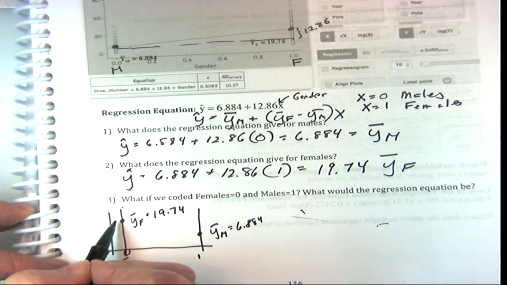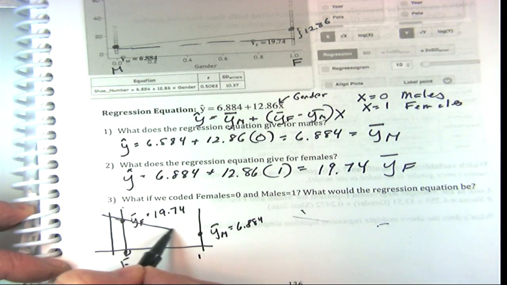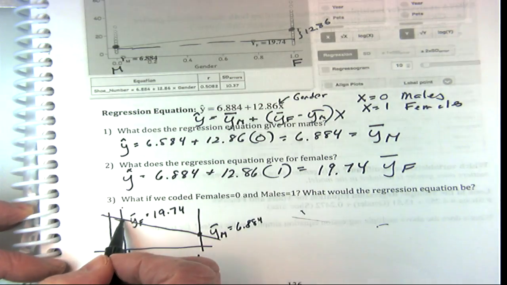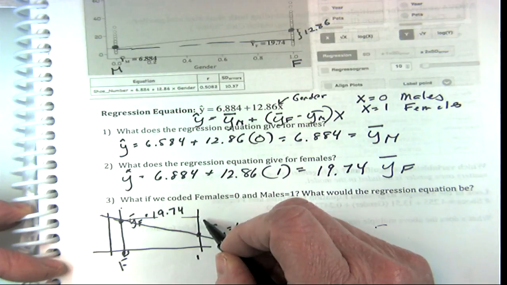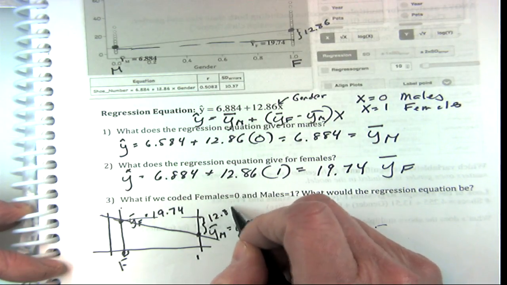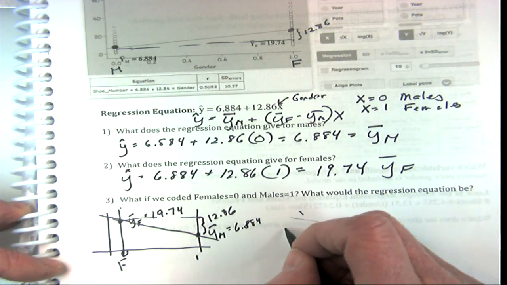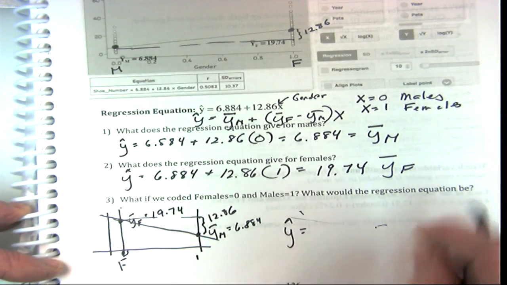So it'd just be the same thing, except as you go over 1, you'd go down by that same amount. You'd go down by 12.86.